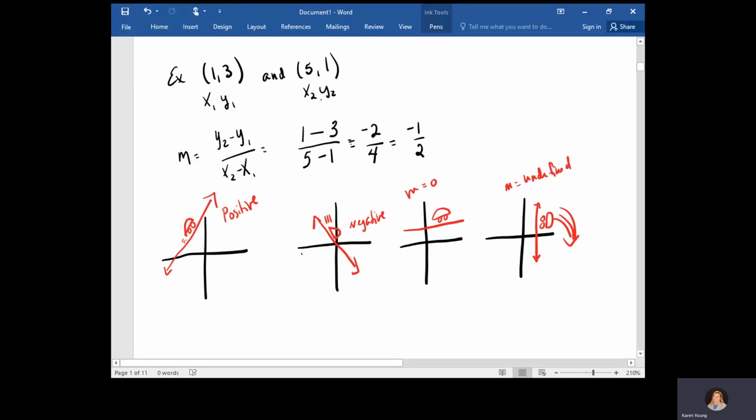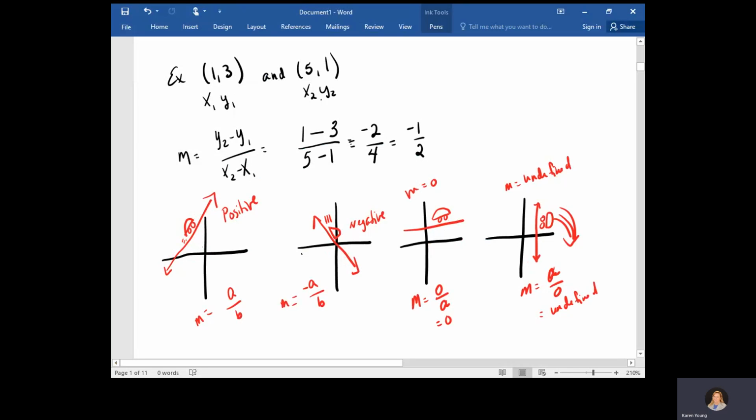So we have a positive slope. That's where A over B is both positive. We have a negative slope where either A or B, one of the two, has to be negative. And then we've got our horizontal, which is 0. So the y's are going to be 0, and it can be over any number, but it'll still be 0. And then we have our undefined slope, which is some number over 0, which makes it undefined.